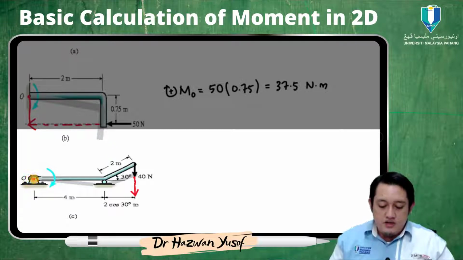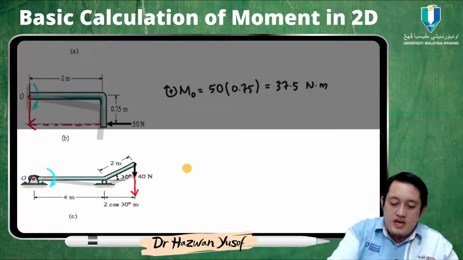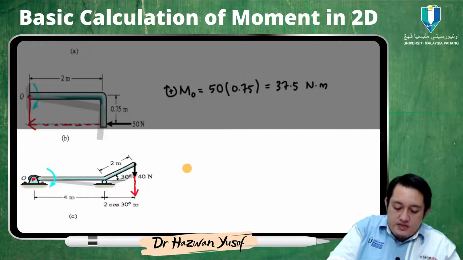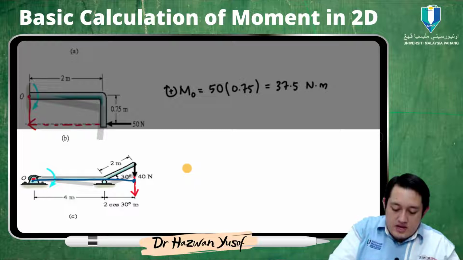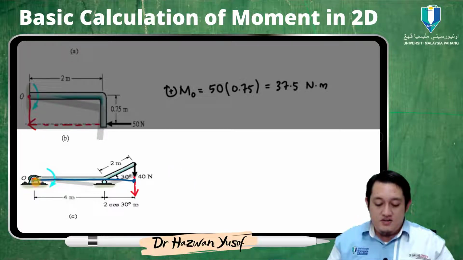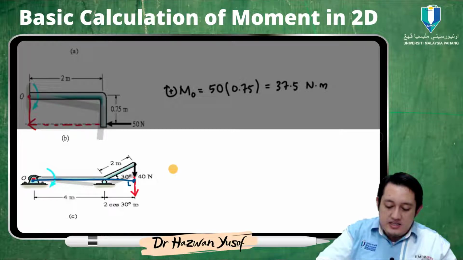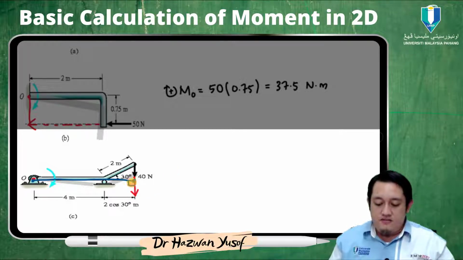From here, 90 degrees up until this one, so we have this distance. This is the 90 degree distance of this force.